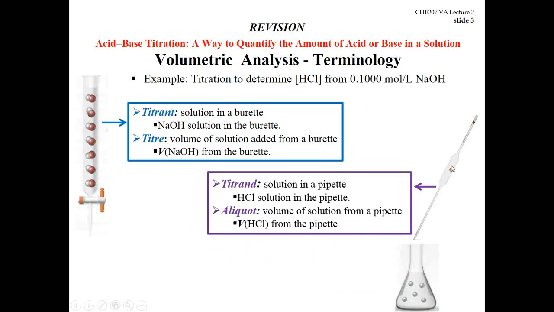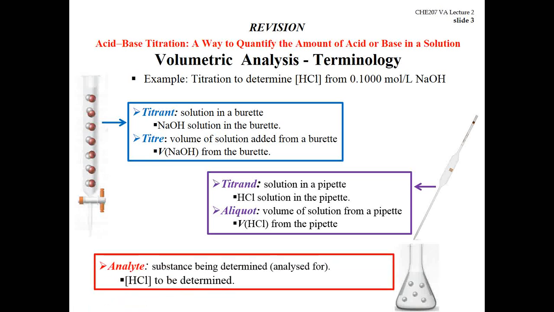In our example here, we use HCl solution in the pipette. And the volume of the pipette is called the aliquot.